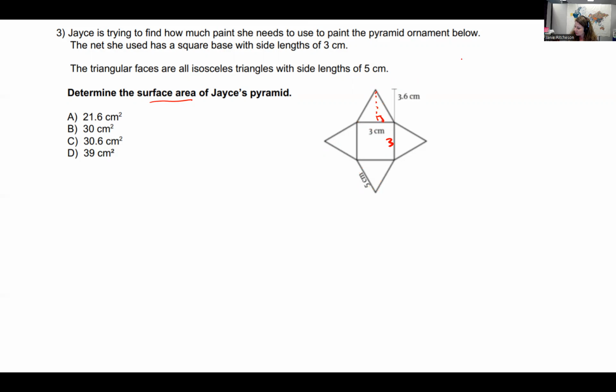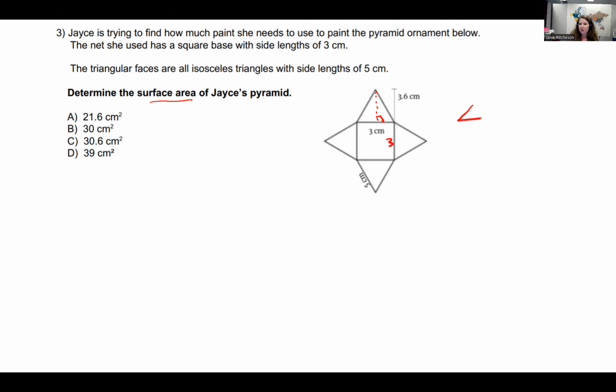So the first thing we're going to do is multiply 3.6 times 3. So that's 10.8. But since it's a triangle, we have to half 10.8. So half of 10.8 is 5.4.